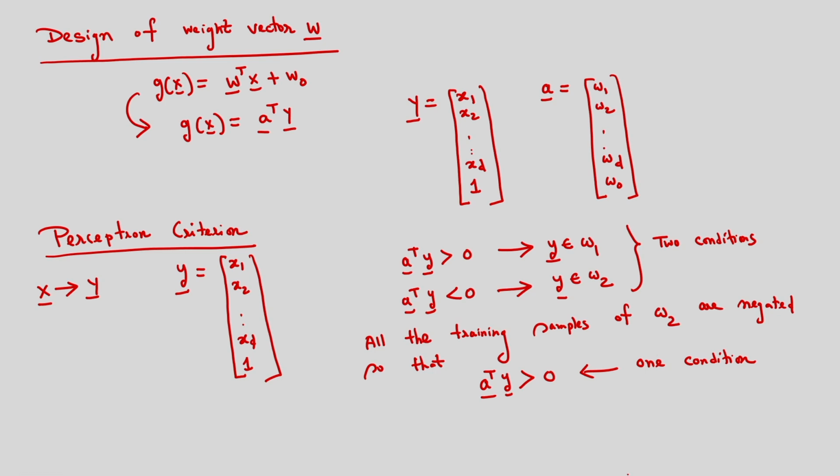And after this I discussed how to determine the best weight vector. So what you have to consider? You have to consider A0, that is the initial weight vector. So arbitrarily we can select this one.